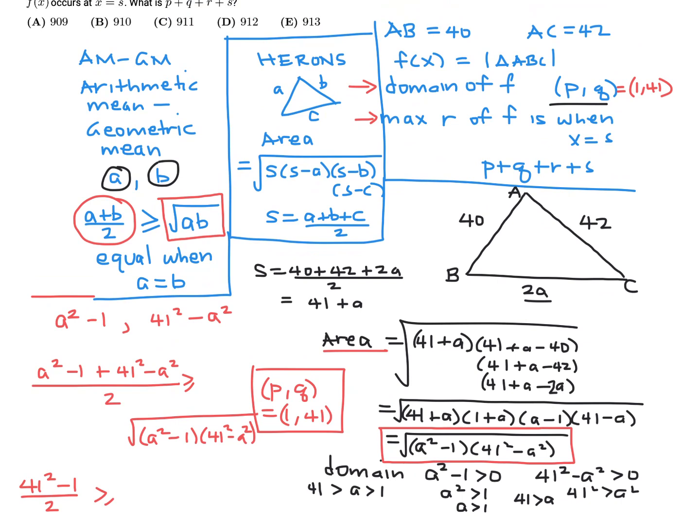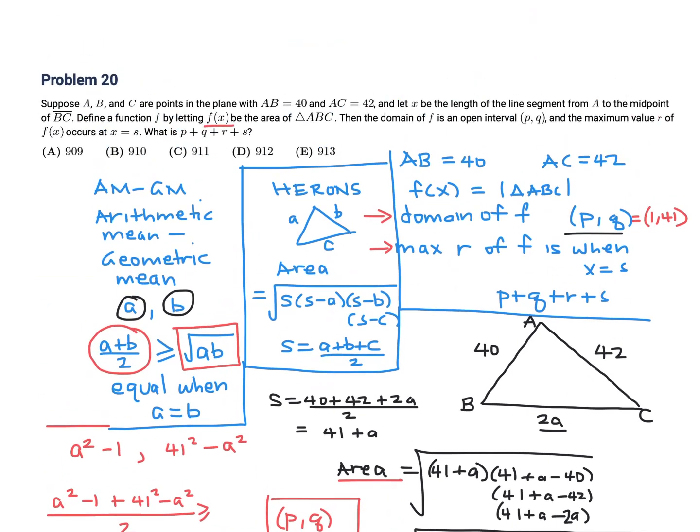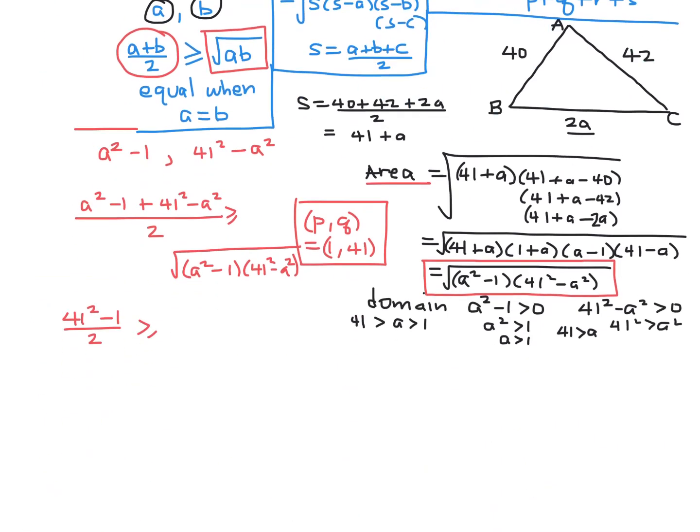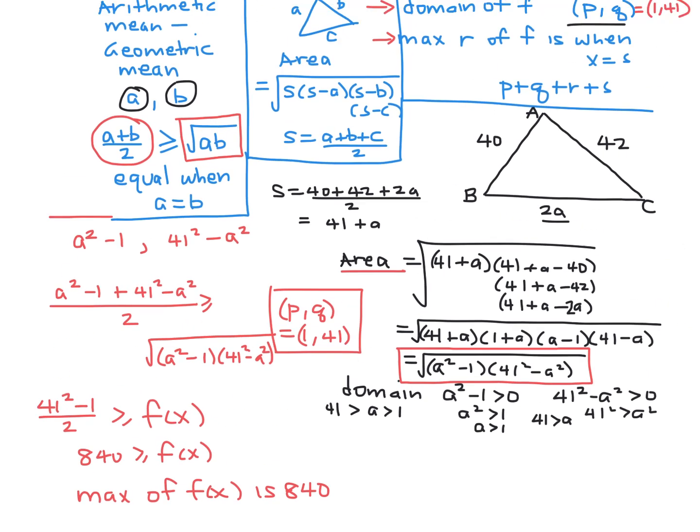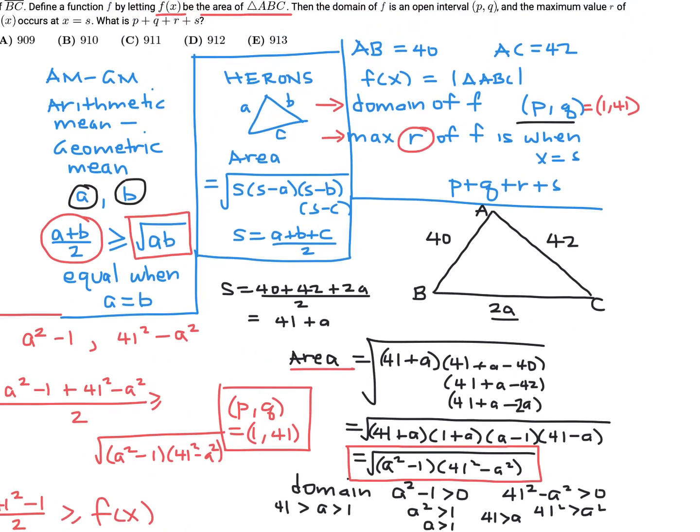And the area is basically f at x. So I can just put f at x here. Yeah, combine it all together. So 41 squared minus 1 divided by 2 is 840. So that means f at x is less than or equal to 840. So that means the max value, max of f at x, is 840. So that means this R is 840.